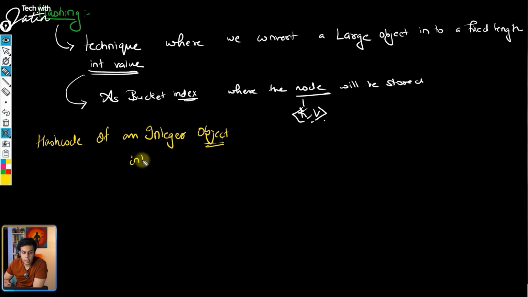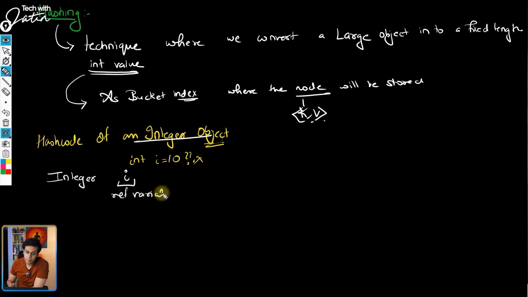It's not Integer i equal to 10. Is this an integer object? No. This is a primitive integer variable, or int variable. If you want to create an Integer object, you have to use the wrapper class. I will say Integer i, where i becomes my reference variable.